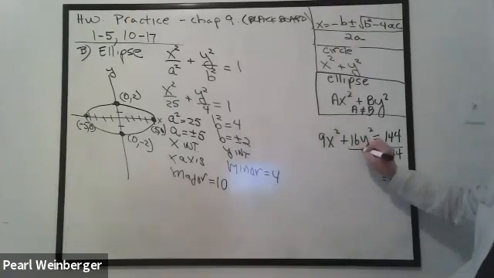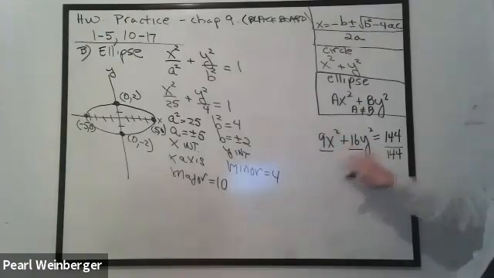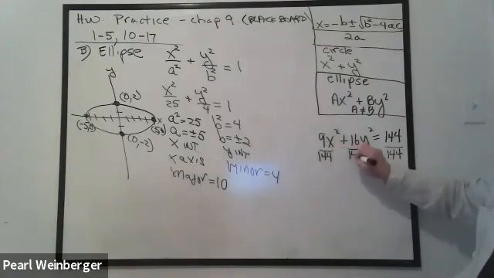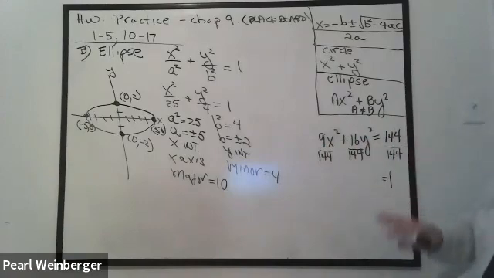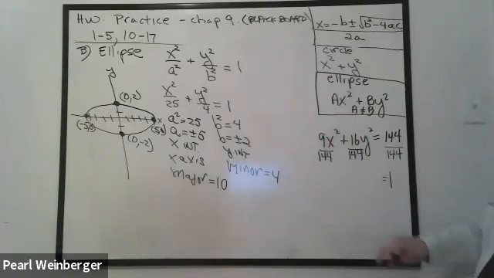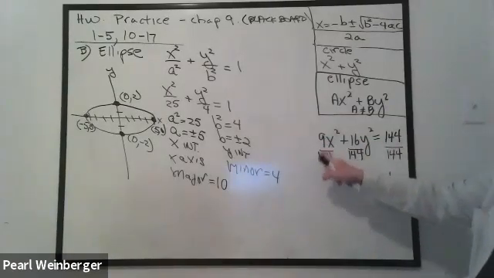But of course, if I divide one side by 144, I have to divide the other side by 144 as well. In other words, take the number on the right side of the equation and divide every single term by that number, and then simplify.